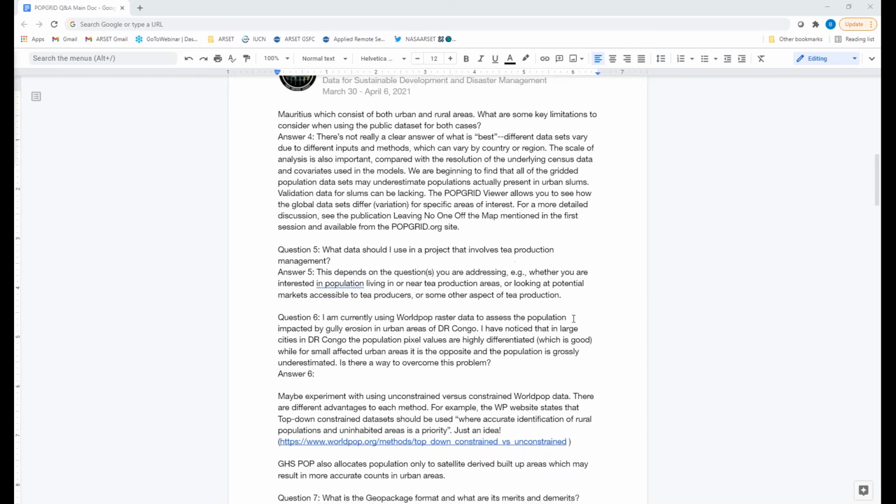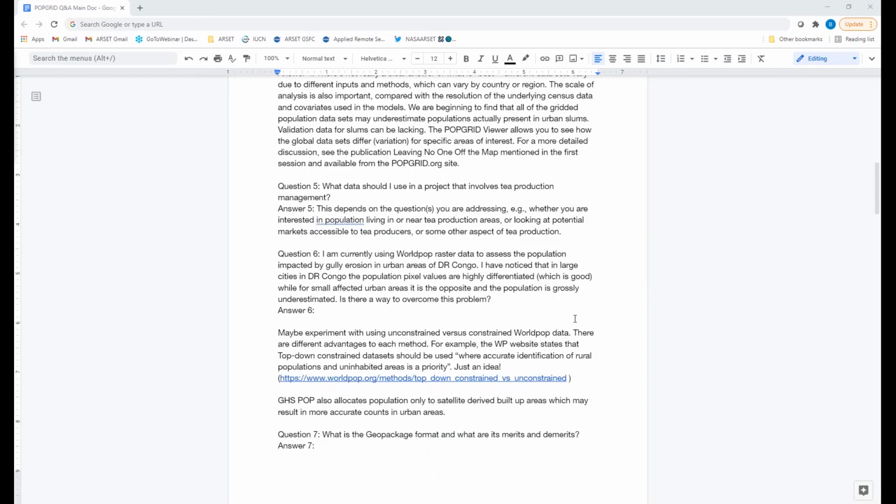Yeah, and I wrote this initial answer. We'd need more specifics about what the question is. I could imagine that if you're looking at, say, who's affected by tea production or pollution, you'd want data that looks at those areas and does a good job capturing the residents involved or living in the exact area.